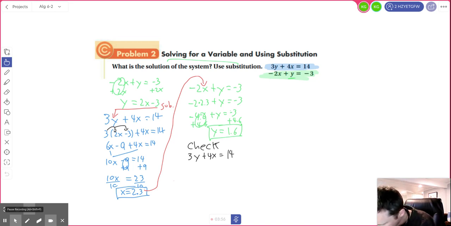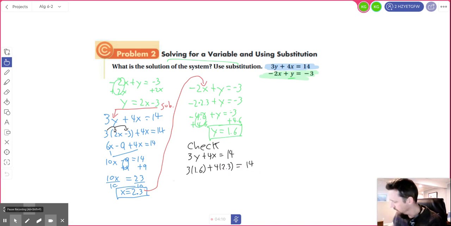So 3 times 1.6 plus 4 times 2.3. Does it equal 14? Let me punch it in my calculator. It does.